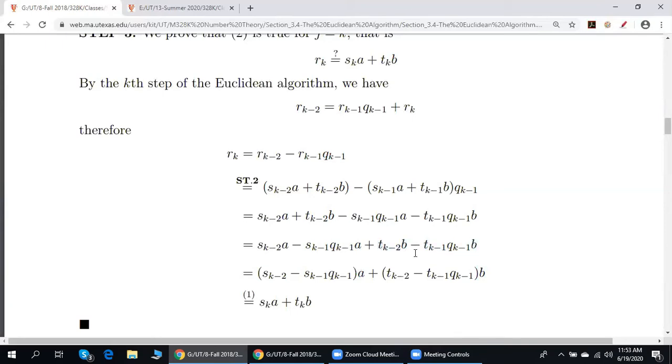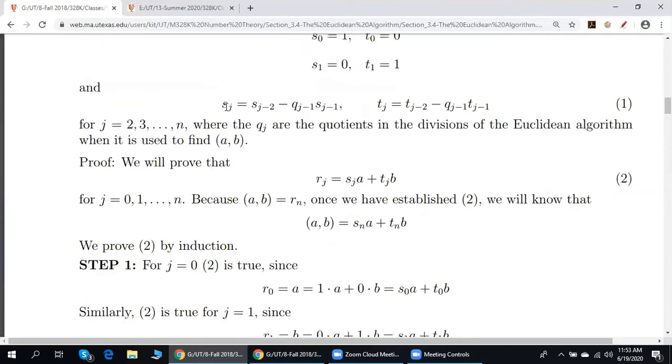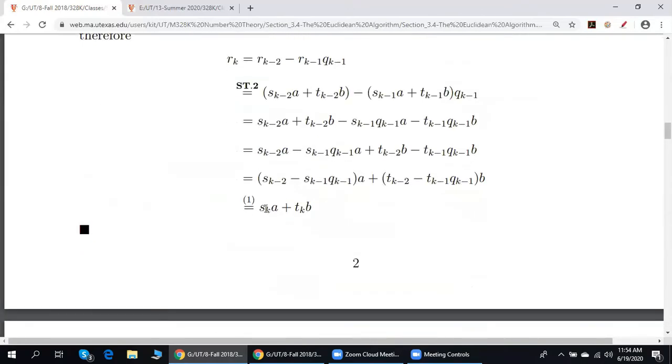Over here, b is a common term. Factor it out. Lastly, according to what is written here, if we apply these two formulas with j is equal to k, sk is equal to this.